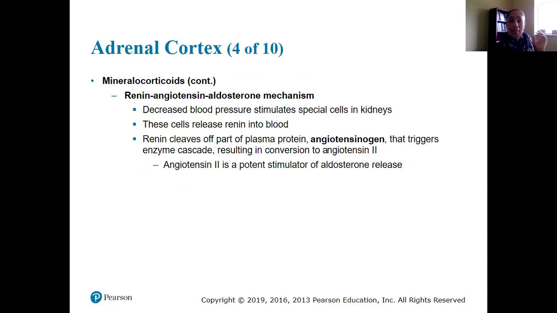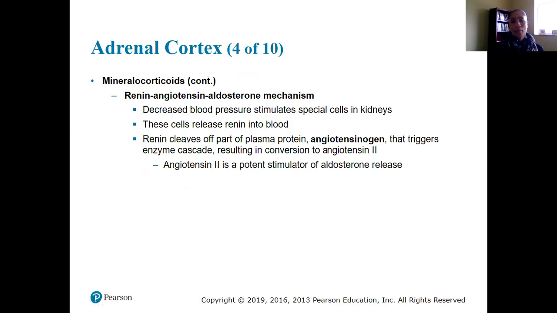So what happens is we have decreased blood pressure, which is going to stimulate special cells of the kidneys. These special cells of the kidneys will make an enzyme called renin. And renin will then cleave off part of the plasma protein called angiotensinogen that will trigger an enzyme cascade, resulting in the conversion to angiotensin 2.